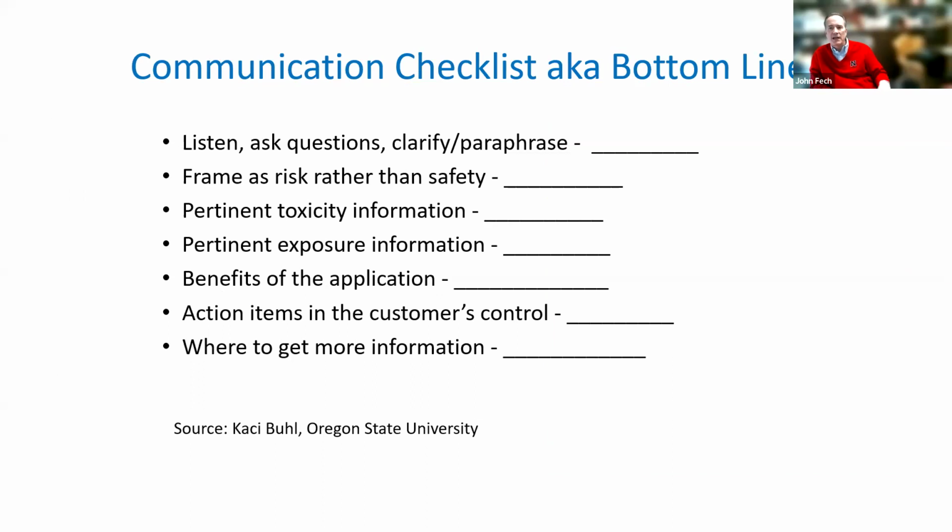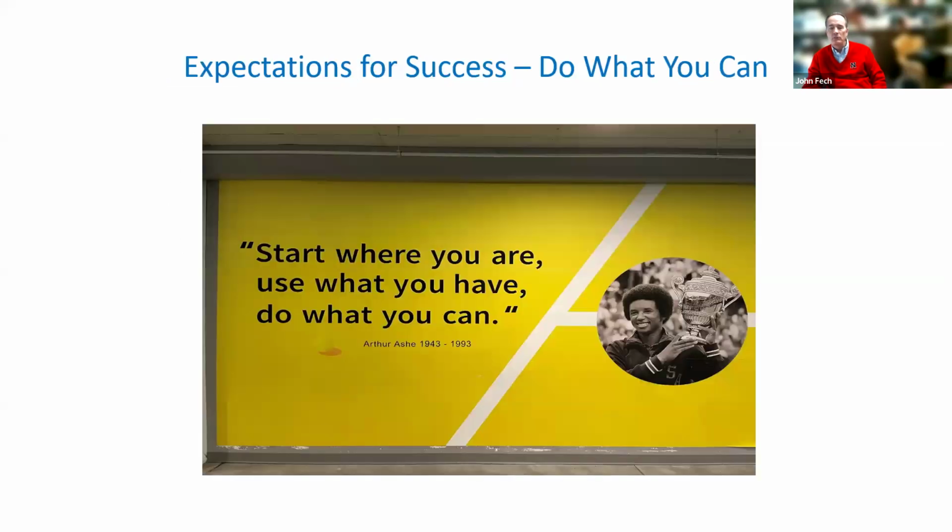Talking about pertinent toxicity information, talking about pertinent exposure information, underscoring the benefits of an application, highlighting the action items that are in the customer's control, and then giving information on where they can get more information, communicating where they can find those pieces, I think are very helpful.